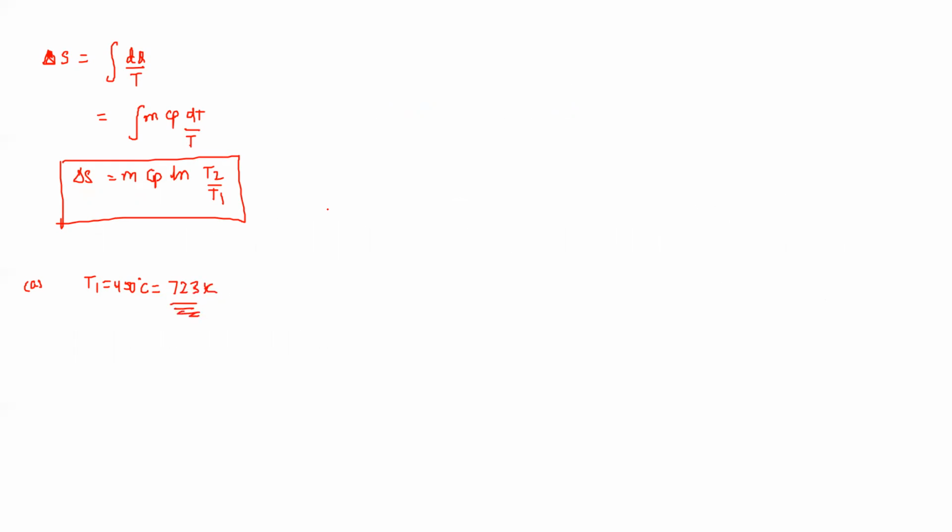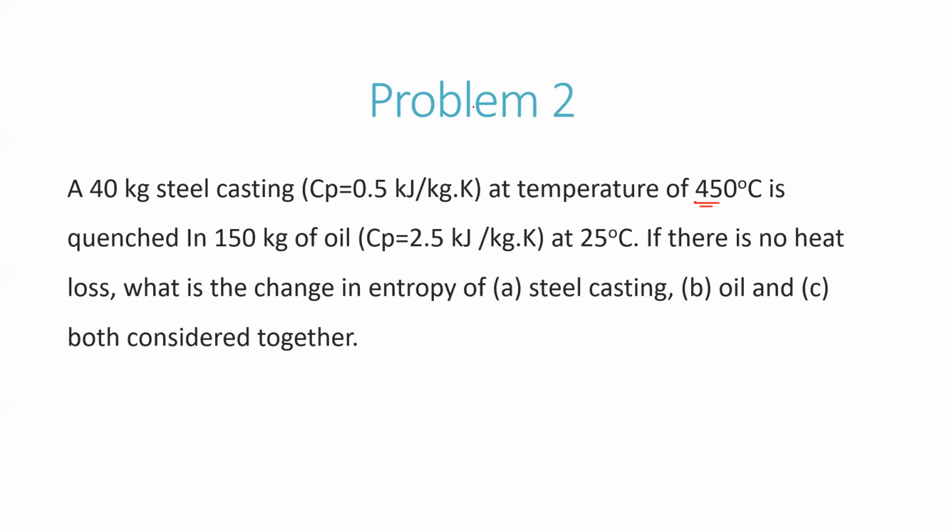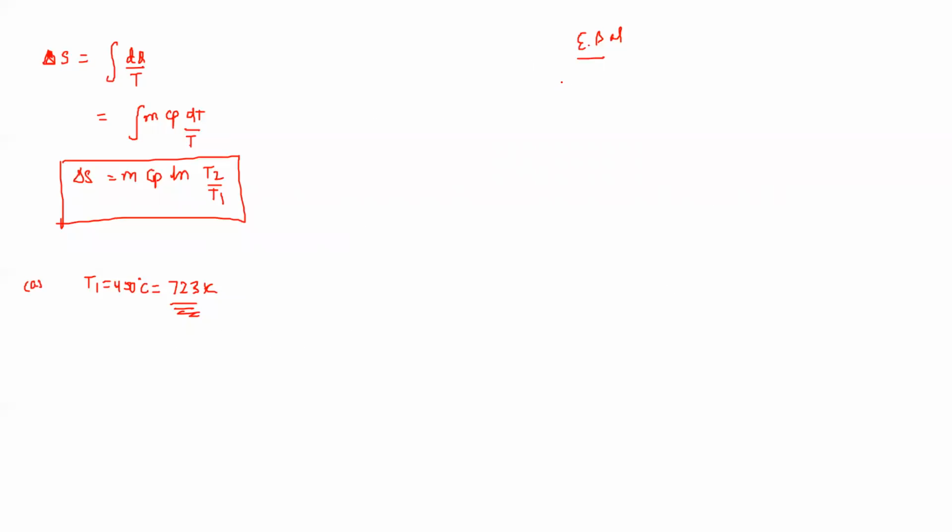Now, how to find the final temperature? For that, we are going to do an energy balance. All right. So the energy balance in this case is heat lost by steel casting is equal to heat gained by oil, right? So heat lost is equal to heat gained.